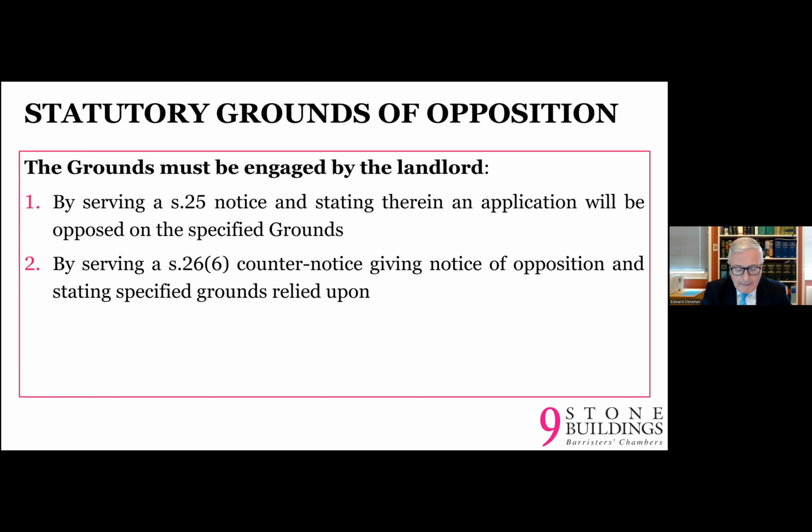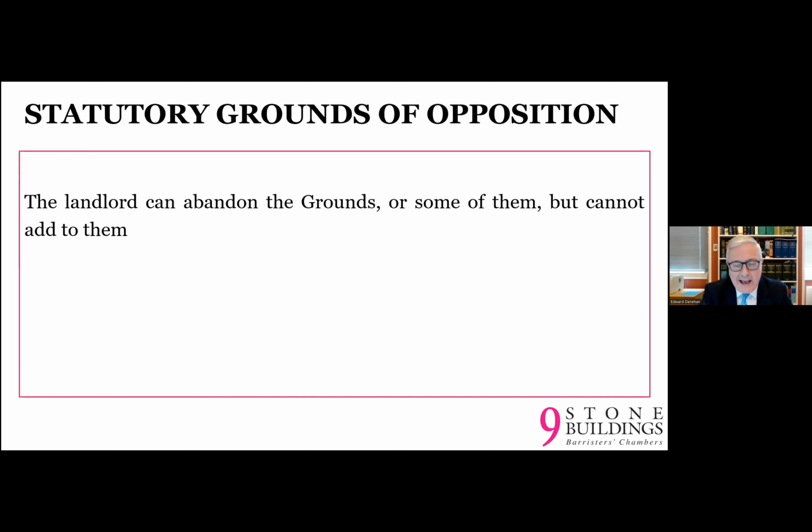And as I say, if neither of these steps are taken by the landlord, then it cannot oppose the application by the tenant, and the tenant will get a tenancy of some sort. And the landlord can abandon the grounds later, but it can't add to them. It can't amend, as it were, the section 25 notice or the section 26(6) counter notice.